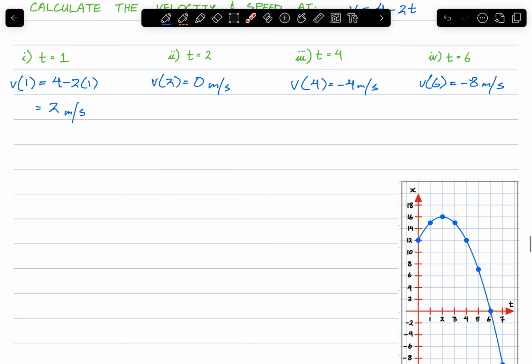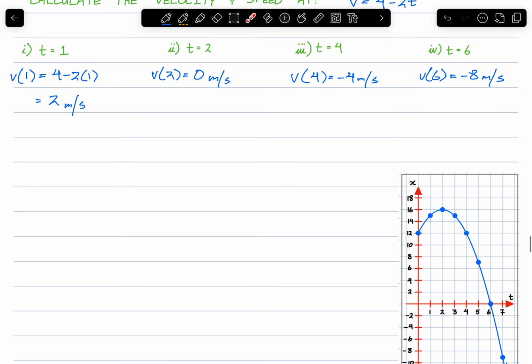Before we continue, I'm going to quickly describe this idea of velocity being a third person perspective of describing what's happening. When we say the velocity at 1 second is 2 meters per second, we are saying that, as a third person perspective, we can see the particle is moving away from the origin because it is a positive tangent or positive gradient at this point.